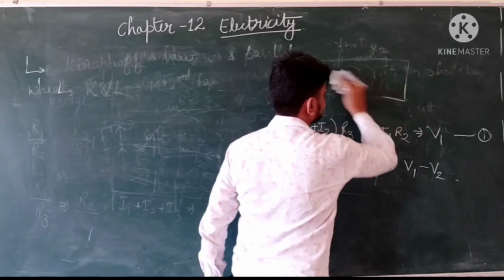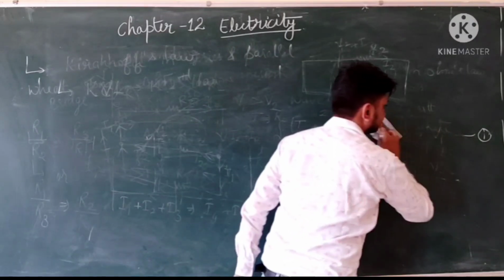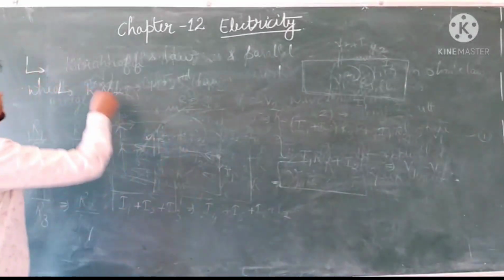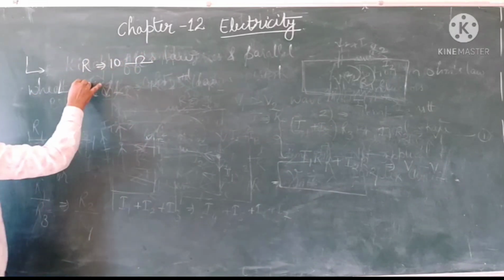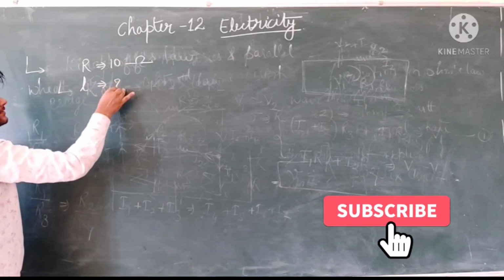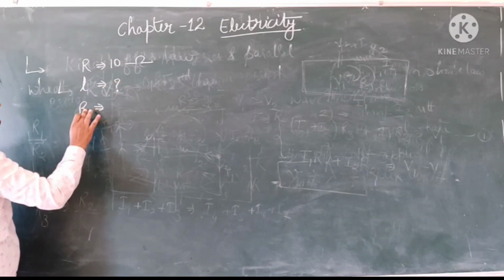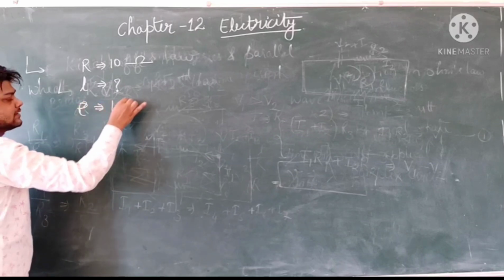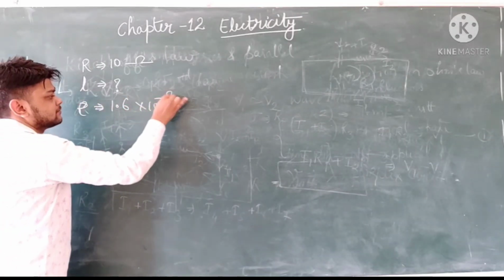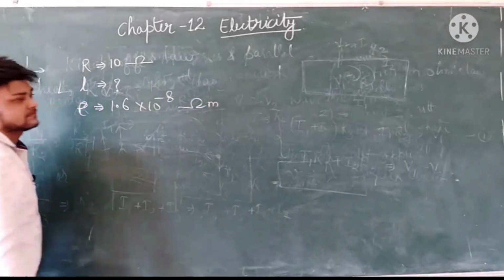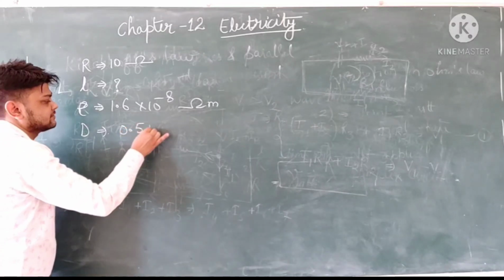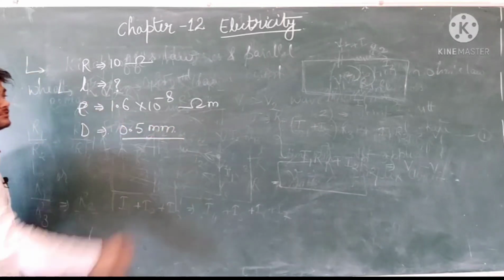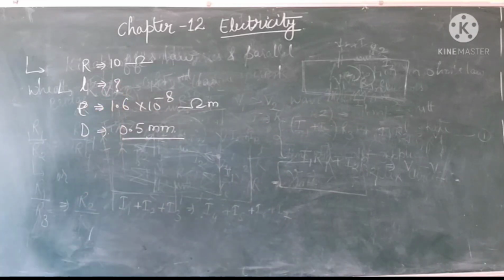So if I take a question similar to your NCERT exercise, it will represent where I have resistance given as 10 ohm and I have to find the length such that resistivity is equal to 1.6 into 10 to the power minus 8 ohm meter, and a diameter of the wire as 0.5 millimeter. This condition is given. I have to find length. This is NCERT question number 6 of the exercise.